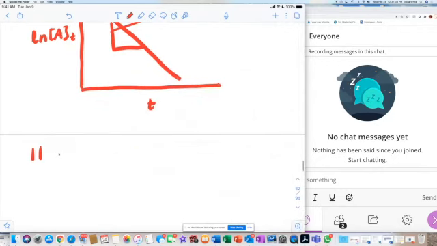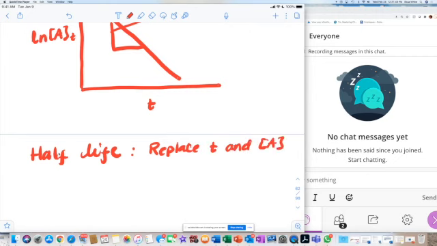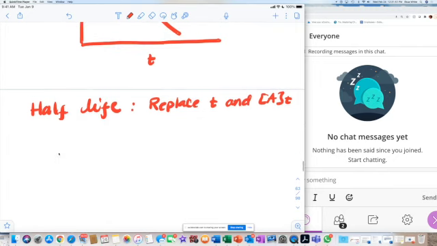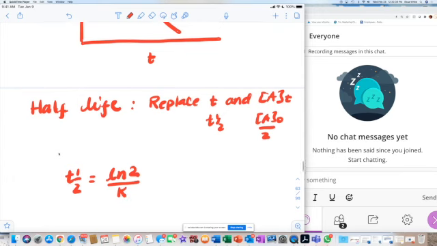to be consistent. Half-life. Just like before, with the half-life, we're replacing two parts. We're replacing the time, so here, once again, replace T and this one here. Once you replace T with T1 half and this with A over 2 and work it out, you end up with half-life equal to ln of 2 over k.